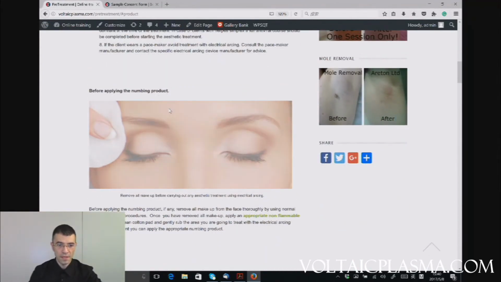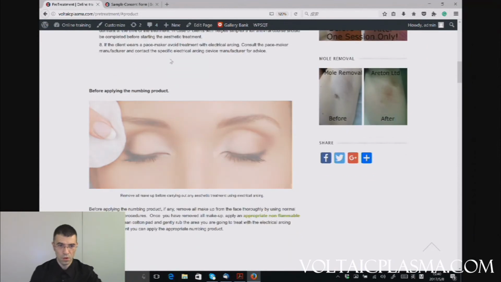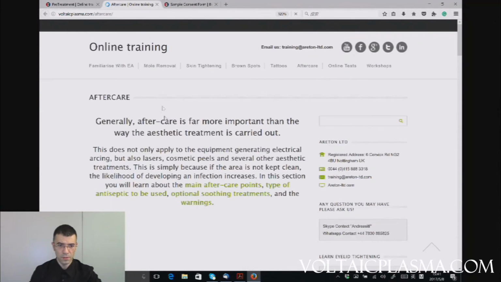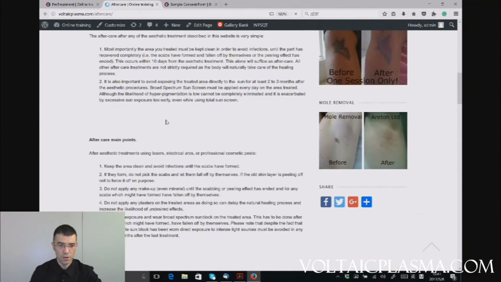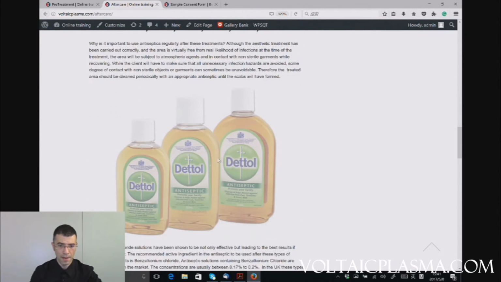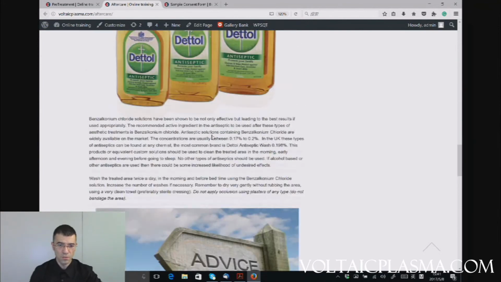Then, before applying the numbing product, you have to clean the area using an antiseptic. The antiseptic we talk about is in the aftercare, and in particular we talk about the benzalkonium chloride based products, which you can find many online and from your normal chemist as well.